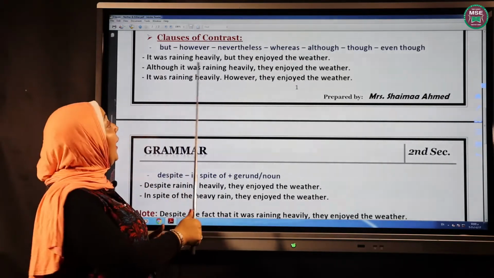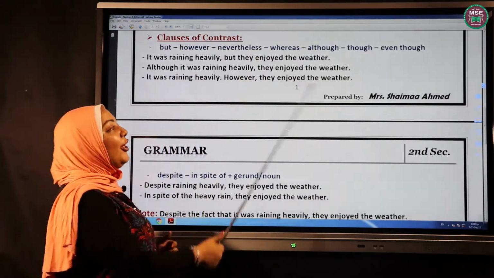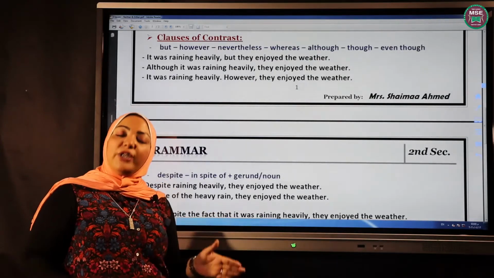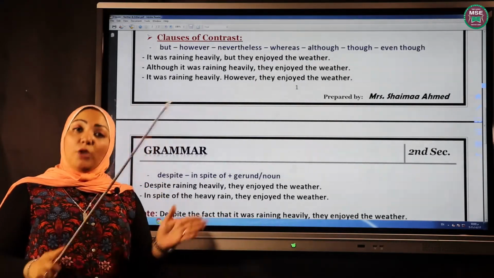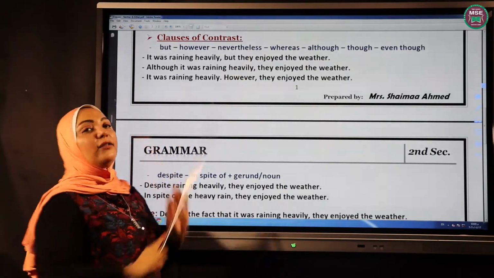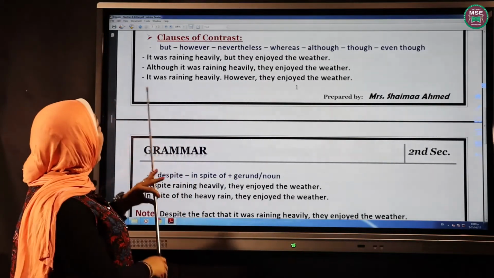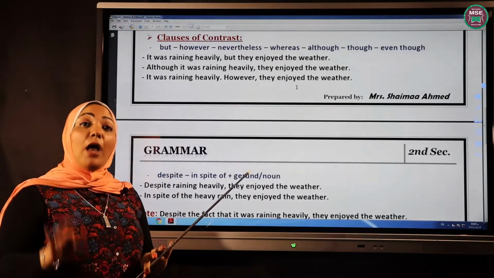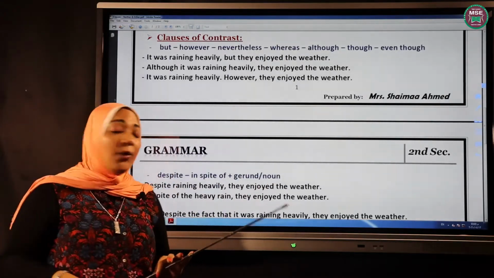Although it was raining heavily, they enjoyed the weather. Although is also used to express contrast, but its place in the sentence differs from that of but. Okay, it was raining heavily. However, they enjoyed the weather.